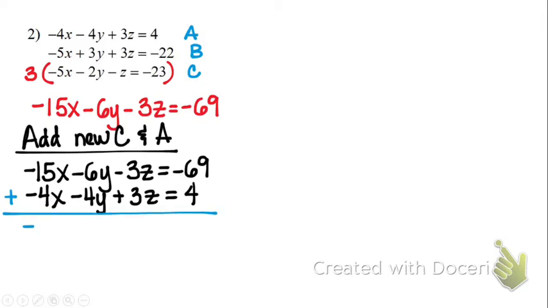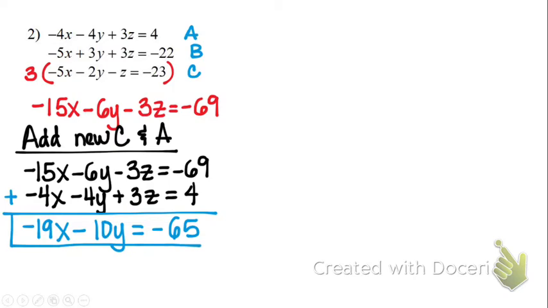And that's going to give me negative 19x minus 10y equals negative 65. I'm going to box this up, call this D. And we'll come back to it.